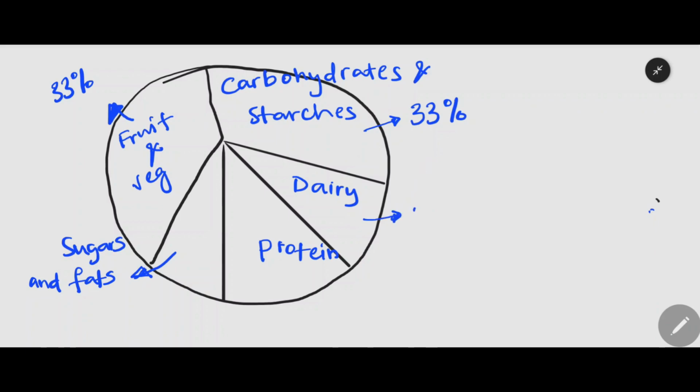Dairy should make up around 15%. Protein should make up around 12%. And sugars and fats should make up around 7%.